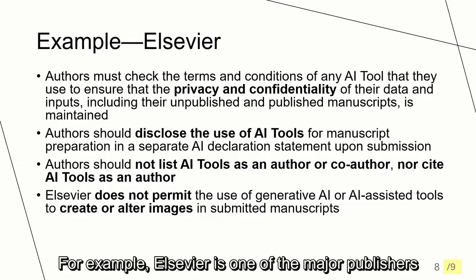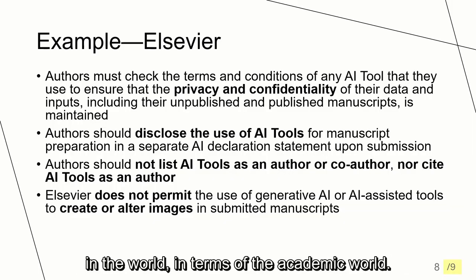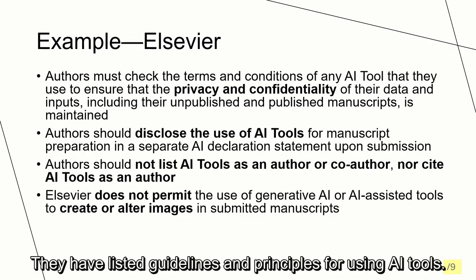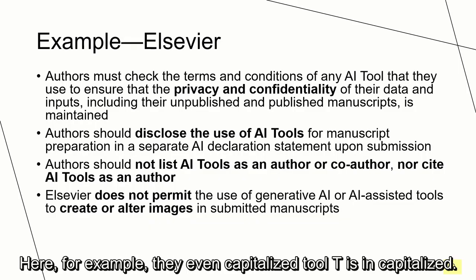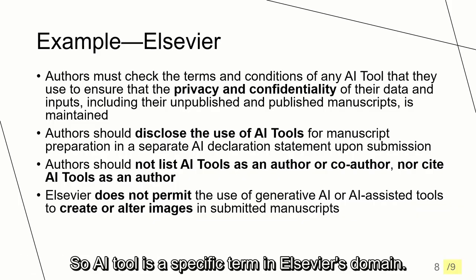For example, Elsevier is one of the major publishers in the academic world. They have listed guidelines and principles for using AI tools. Here, for example, they even capitalize Tool, T in capital letter. So AI Tool is a specific term in the Elsevier domain.